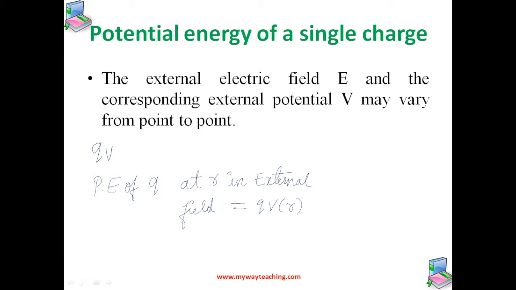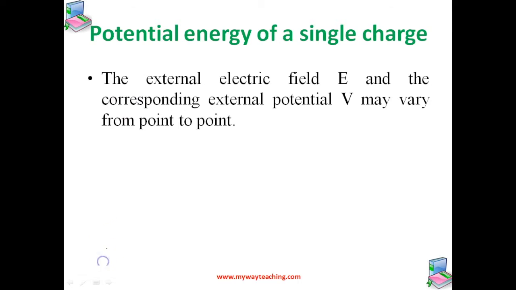Thus, if an electron with charge Q equal to 1.6 into 10 raised to minus 19 coulomb is accelerated by a potential difference of 1 volt, it would gain energy of Q into delta V. That is 1.6 into 10 raised to minus 19 joules.